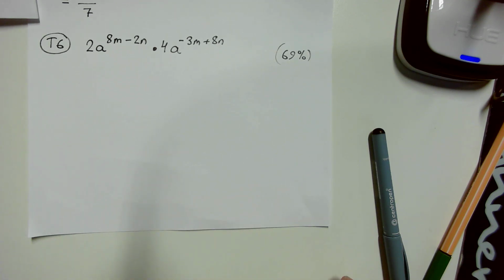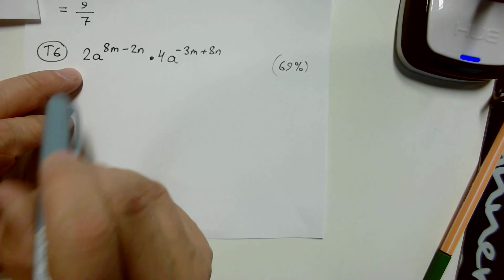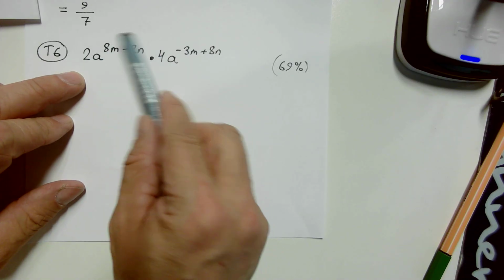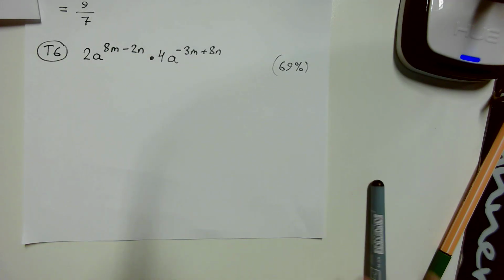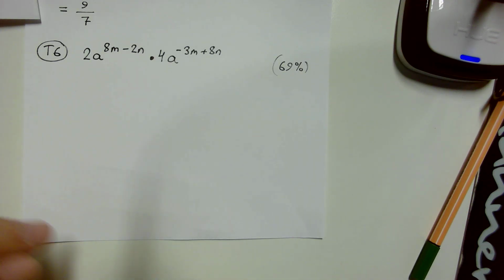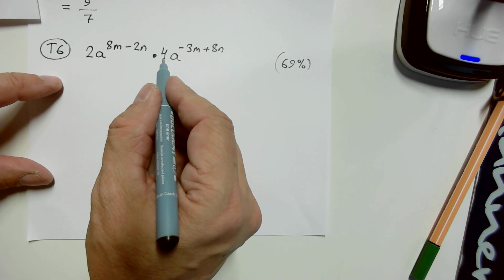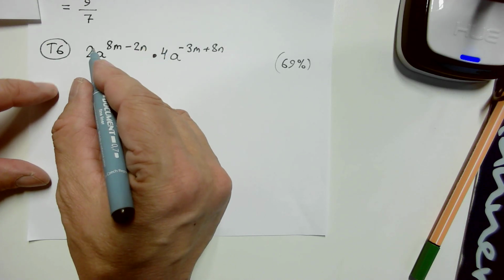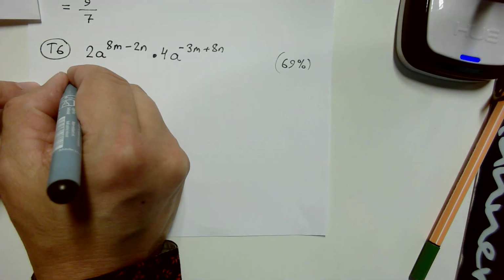Here we have a problem with multiplication. There are numbers, and then there are some kinds of expressions, mathematical sentences, and we may change the order of multiplication. Most usually we move this 4 in front of the sentence, so we get 2 times 4, and we get 8.